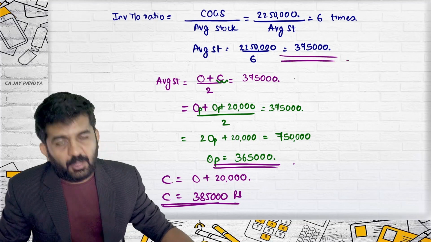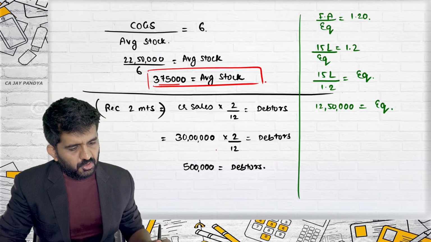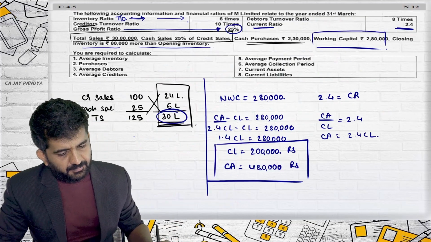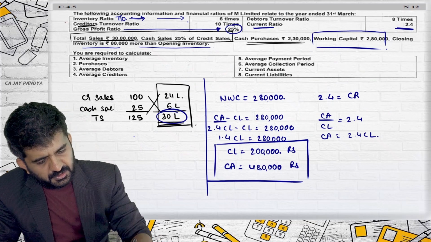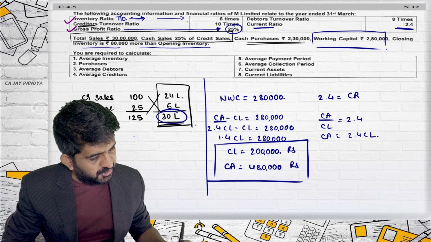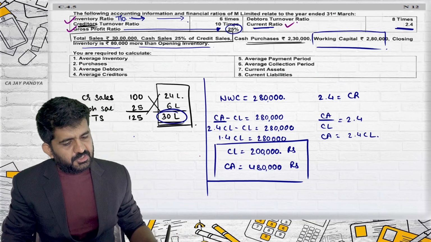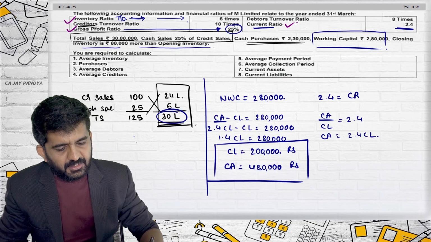I have got average stock, opening stock and closing stock from the ratios available. Which ratios have I used? Inventory turnover ratio, the GP ratio and the current ratio. Still, 2 ratios are pending.